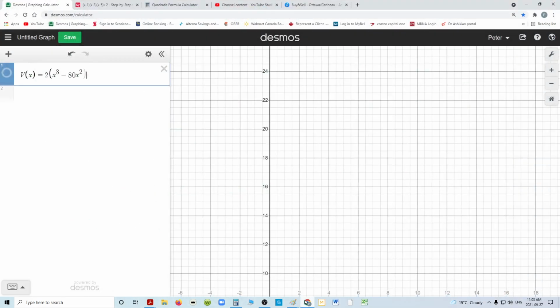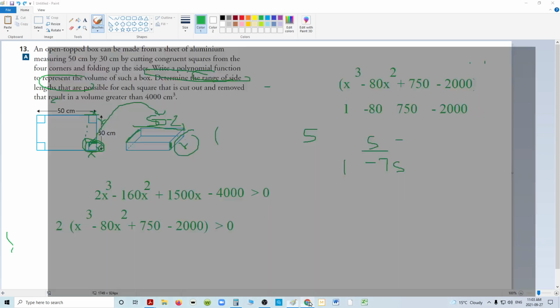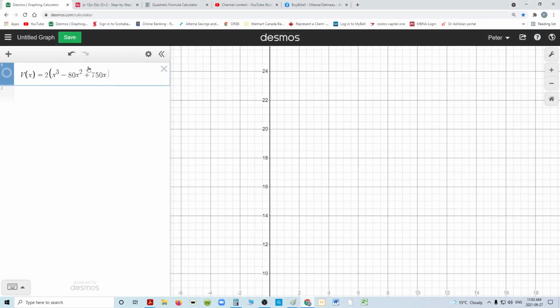All these calculators can. So minus 80x squared plus 750x minus 2000. And then I'm just going to do this, v of 1, v of 2, v of 3, v of 4, v of 5, 6, 7, 8, 9, 10.